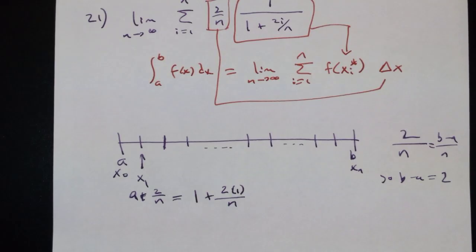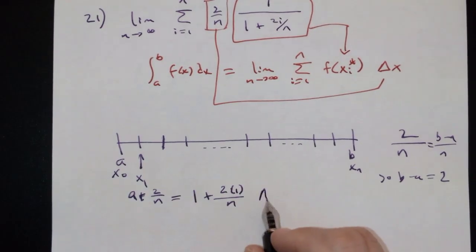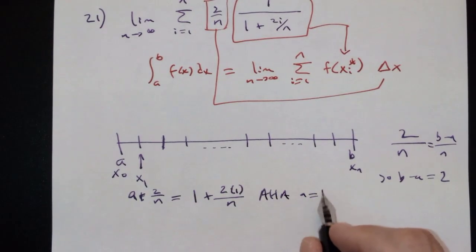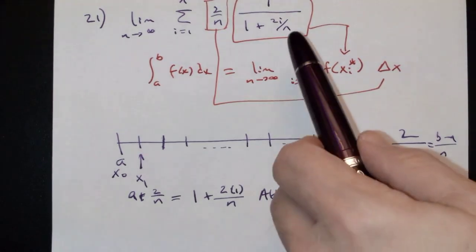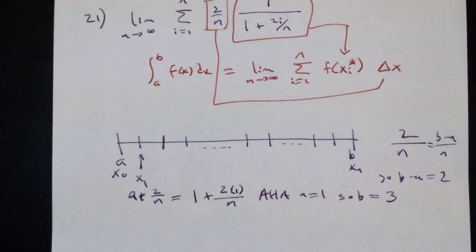And if a is 1, what's b? Now, that means that that thing on the bottom of that box right here, that's xi star.